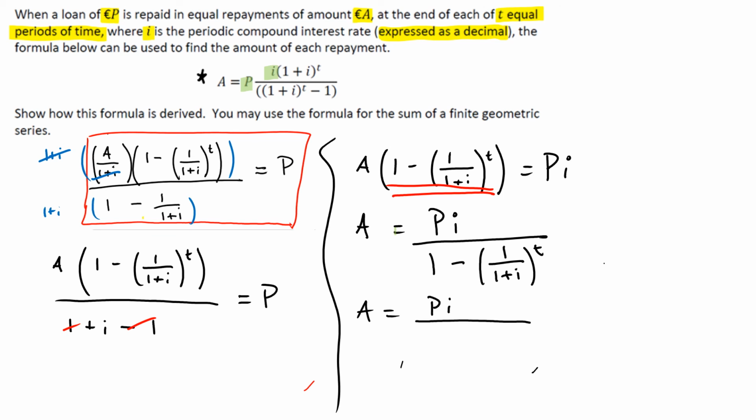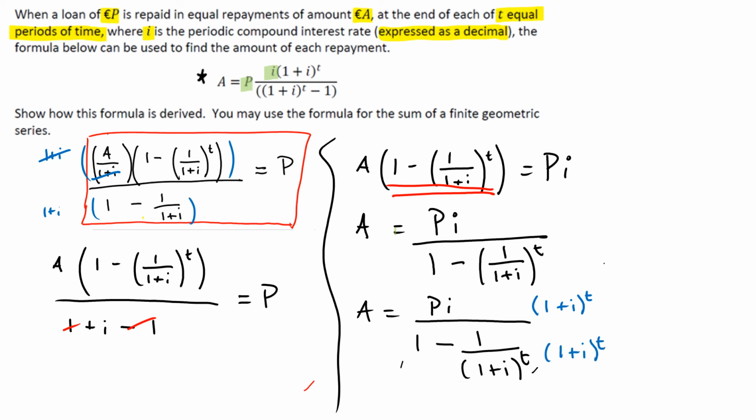I'm going to break up this fraction because 1 to the power of anything is just 1. So that gives me a 1 plus i to the power of t here at the bottom. And what we can do then is multiply the top by 1 plus i to the power of t and the bottom by 1 plus i to the power of t.